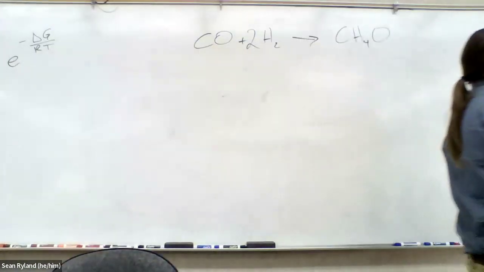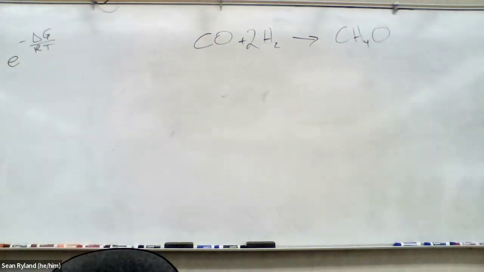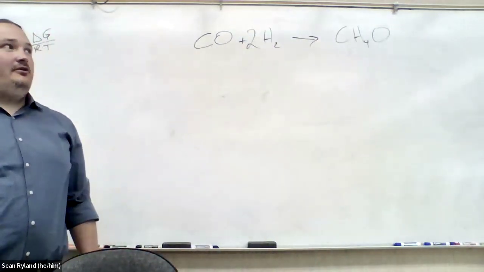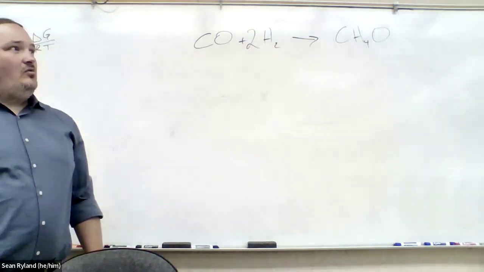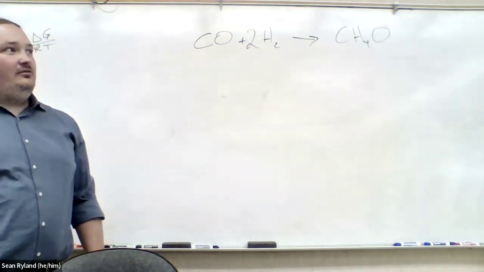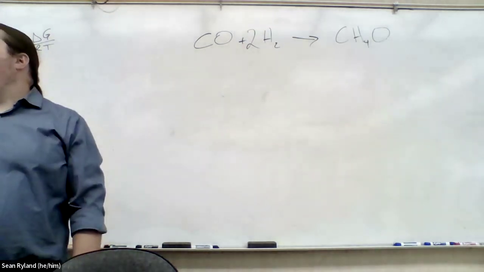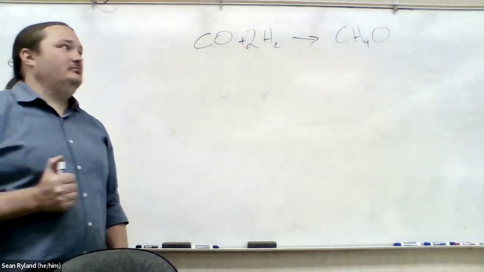If we treat everything in terms of masses, we know how to do stoichiometry with that, right? What about if we want to know the final pressure in the system? What's going to wind up happening? If we want to know the total pressure at the end, what do we need to know?